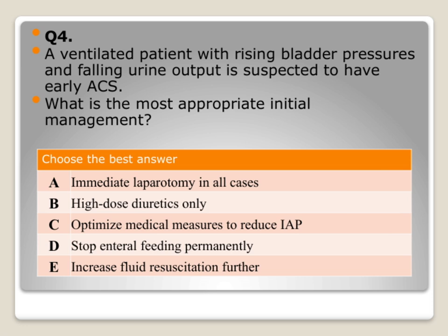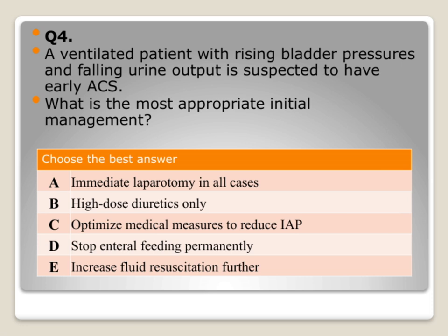Immediate laparotomy, for example, might be necessary if the situation is severe, but in early stages, it's often better to start with less invasive approaches. This is where optimizing medical measures to reduce intra-abdominal pressure becomes essential.